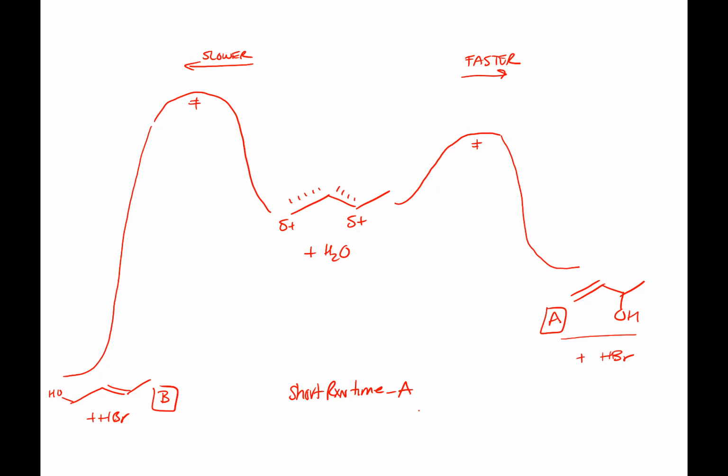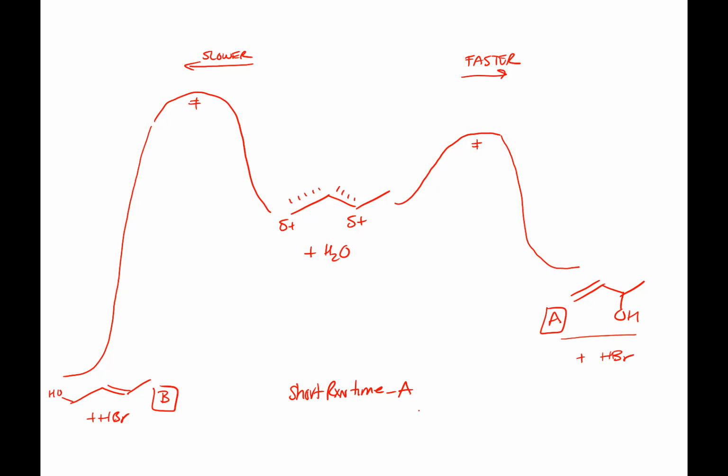It's okay. B is going to be formed faster if I raise the temperature. A is still going to be formed faster. Right? If I raise the temperature, the activation energies are still the same. So it's still going to go over the lowest barrier faster. Now, I may get a little bit more B product, but A is still going to be the product that's formed faster.